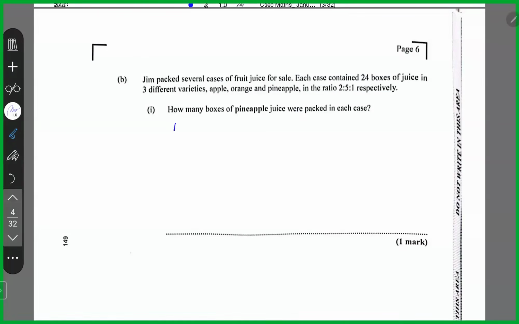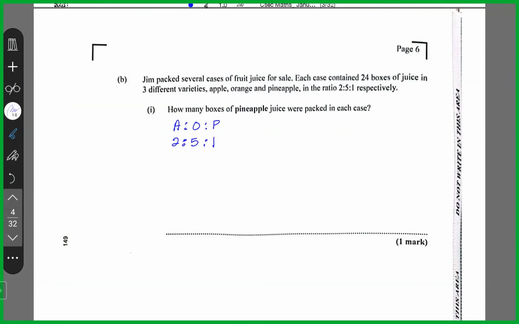So apple, orange, pineapple, 2 to 5 to 1.